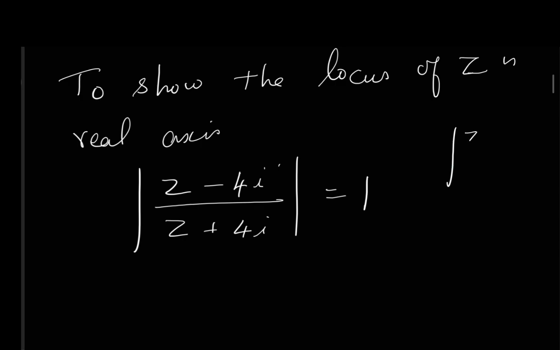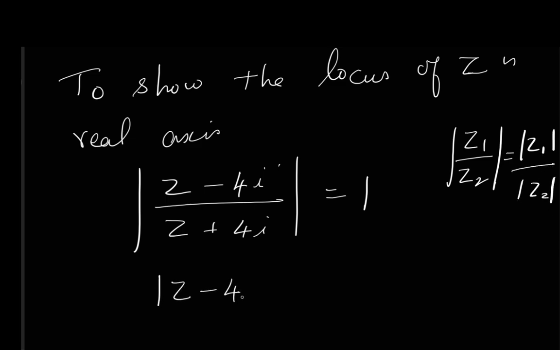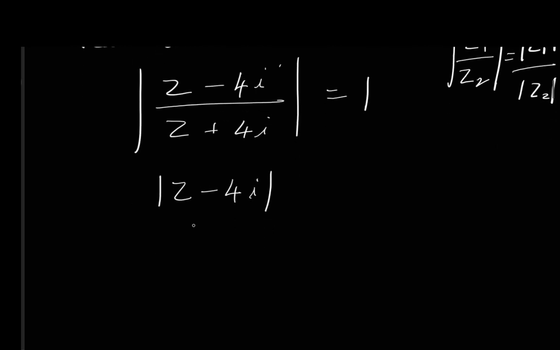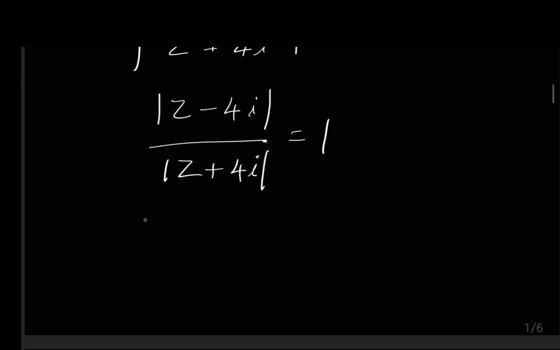So modulus of z1 by z2, we can split it as modulus z1 by modulus z2. So modulus (z minus 4i) by modulus (z plus 4i) is equal to 1. Cross multiply, modulus (z minus 4i) is equal to modulus (z plus 4i).